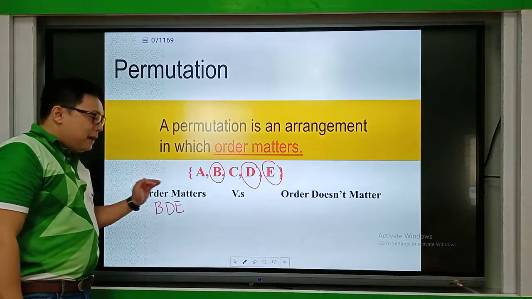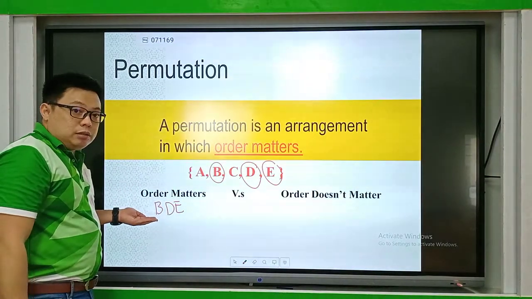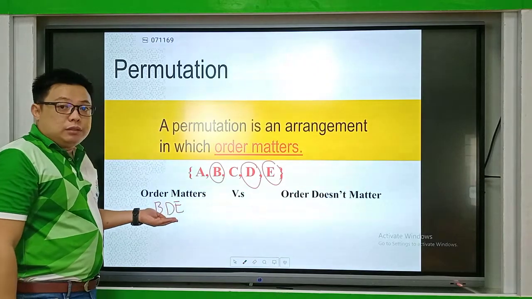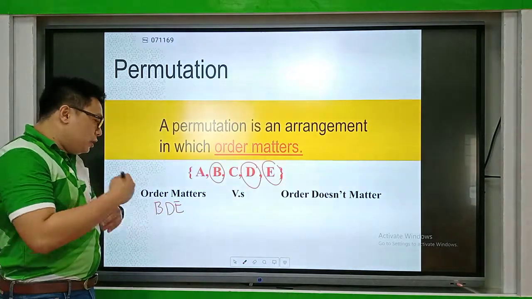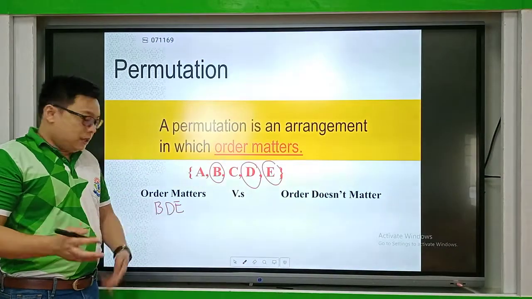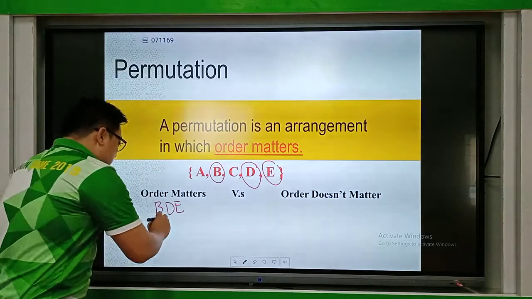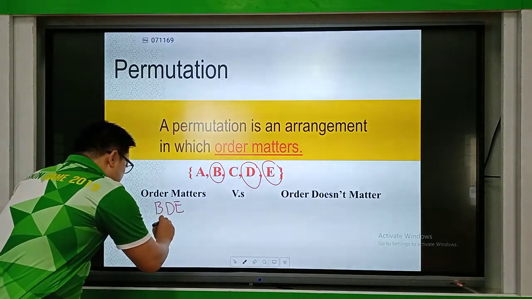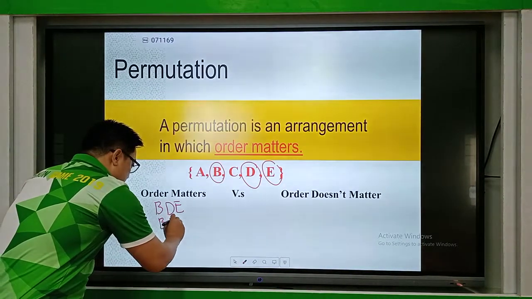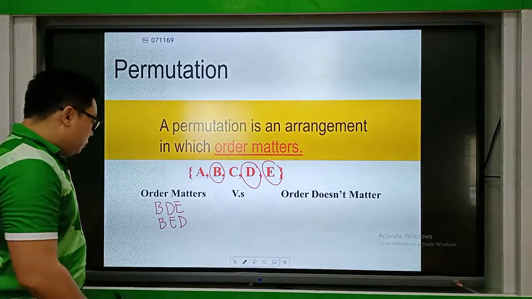So since order matters, the first one, the second one, and the third one matter too. So it matters who goes first, who goes second, and who goes third. Thus, we can also use the same letters. B, E, D. What else?